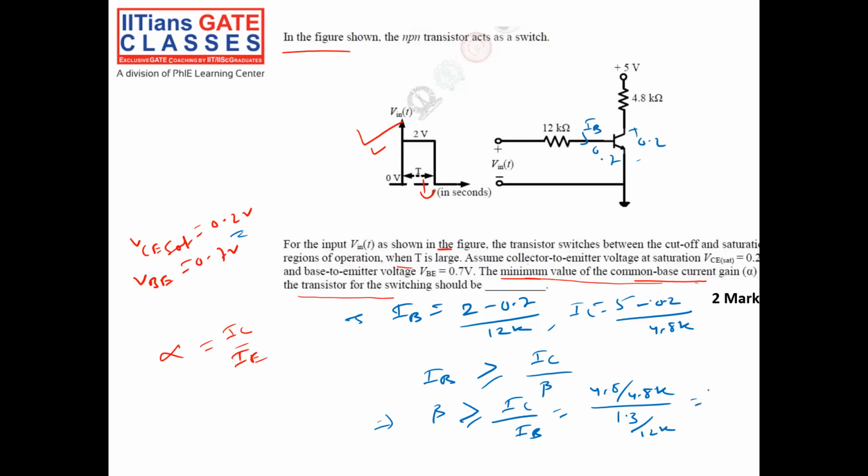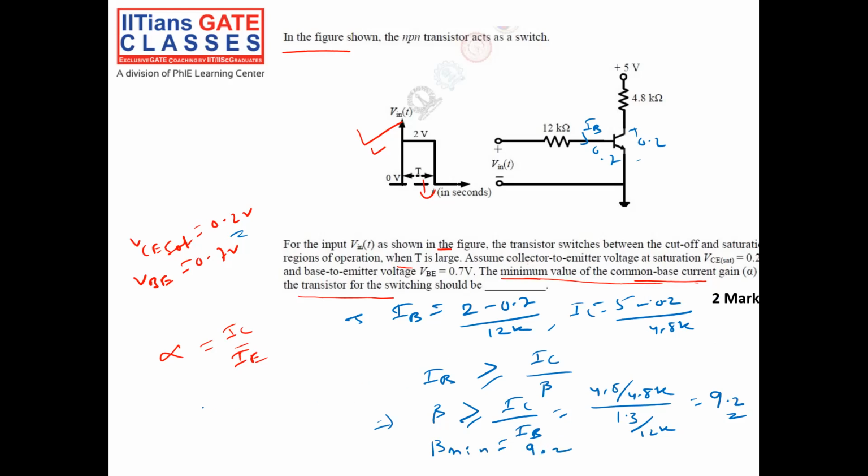If I calculate this using a calculator, 4.8 by 4.8K is 10 power minus 3, divided by 1.3 over 12K. So I got 9.2. So beta should be greater than or equal to 9.2. So beta minimum is equal to 9.2.